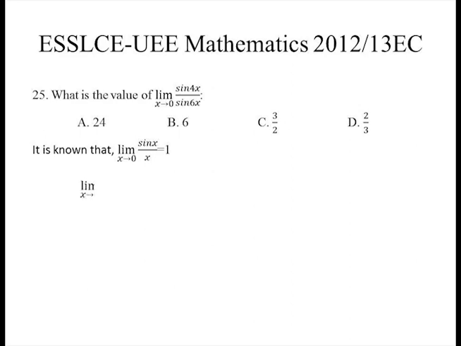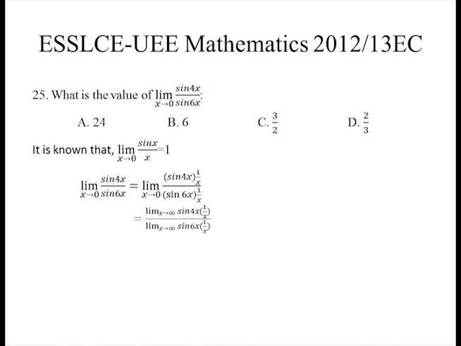The limit of sine 4x divided by sine 6x as x approaches 0 is equal to, multiplying both the numerator and the denominator by 1 over x, the limit of sine 4x times 1 over x divided by sine 6x times 1 over x as x approaches 0.